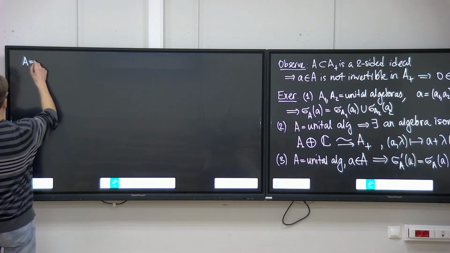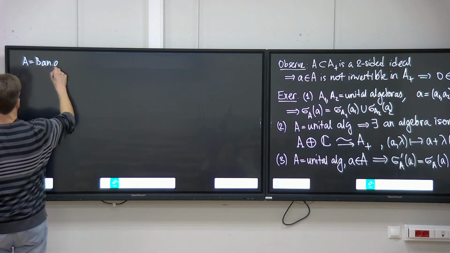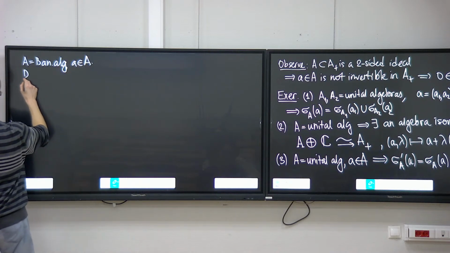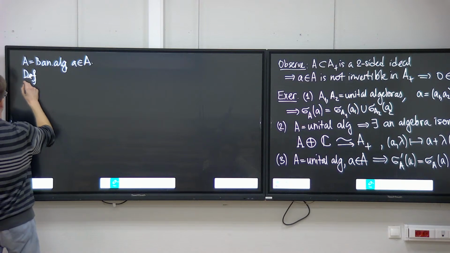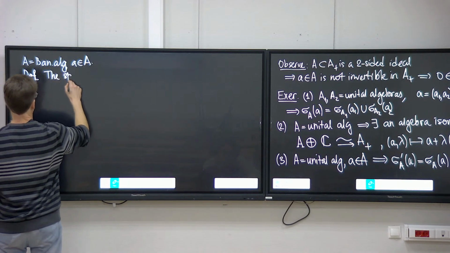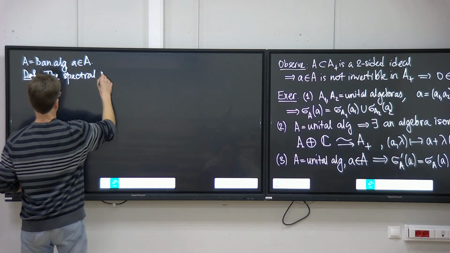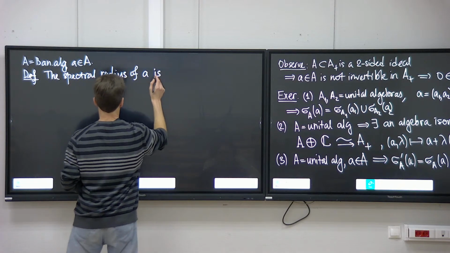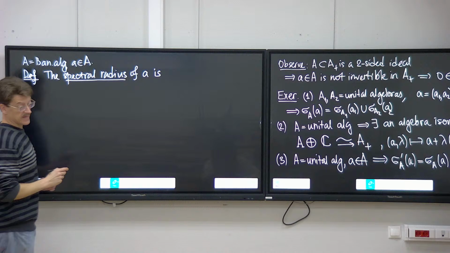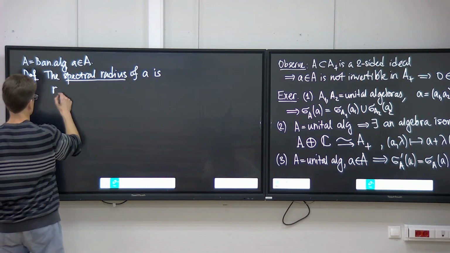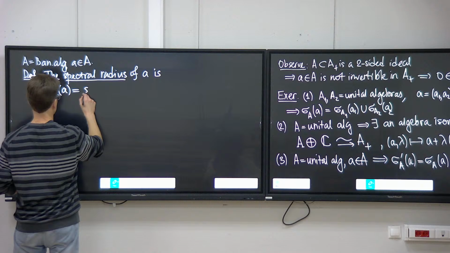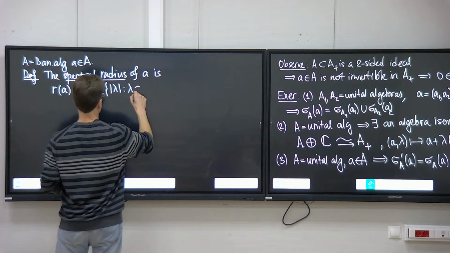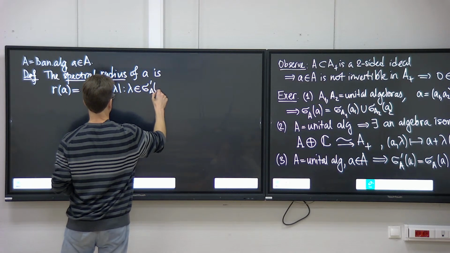Suppose now that A is a Banach algebra, not necessarily unital, and little a is an element of A. And we define the spectral radius of a exactly as in the unital case, with the only difference that we replace the spectrum by the non-unital spectrum. So now lambda runs over the non-unital spectrum of a.